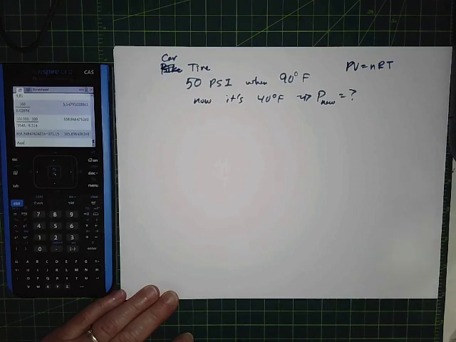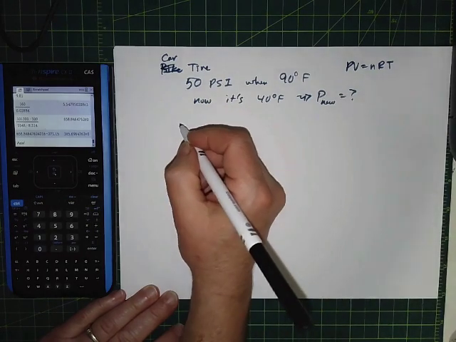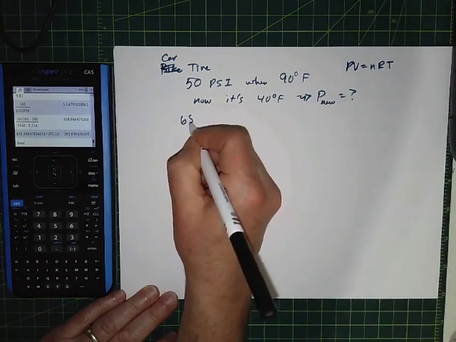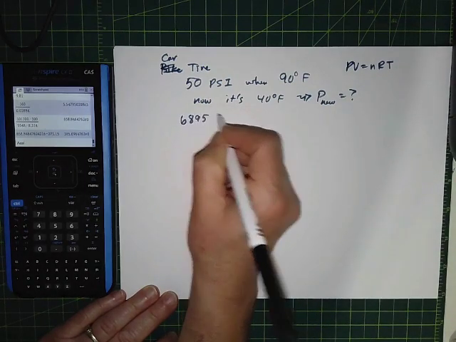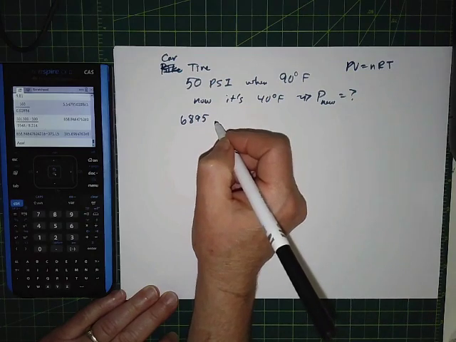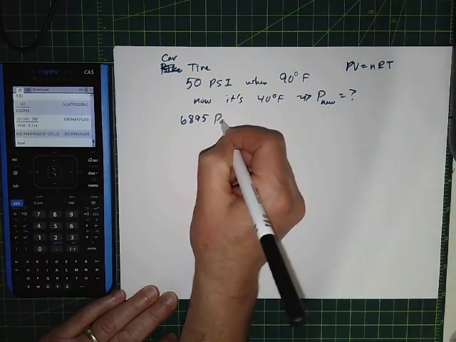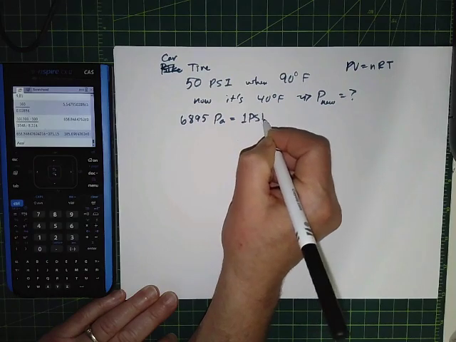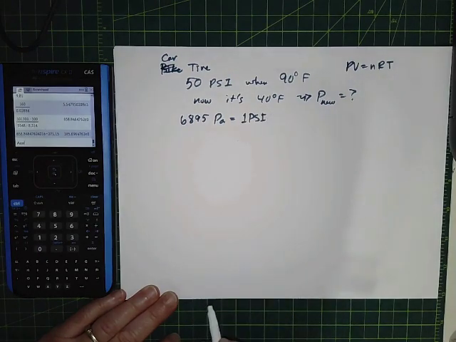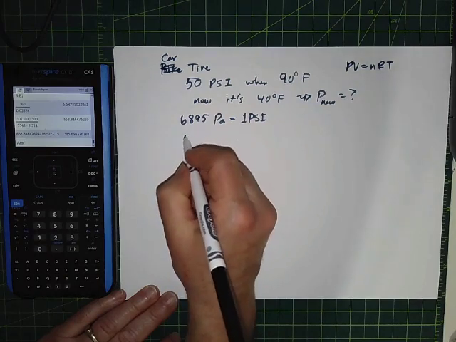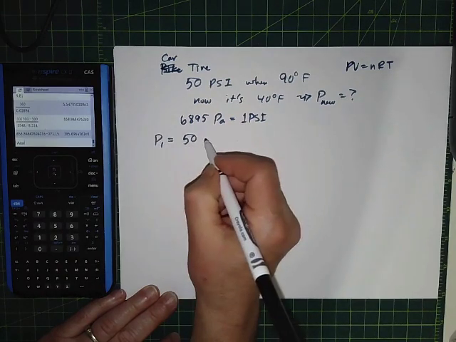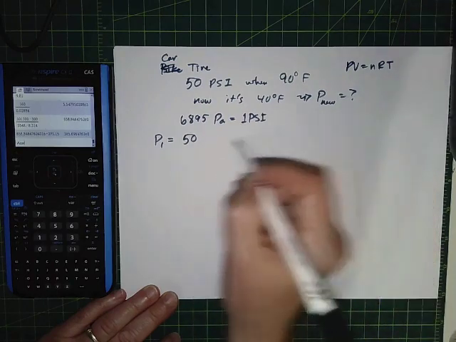We could do pounds per square inch and do a bunch of conversion factors, but let's just use 6895 pascals is 1 psi, 1 pound per square inch. So if we've got 50 psi, let's call it P1, or P old.